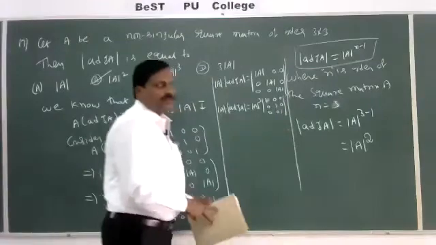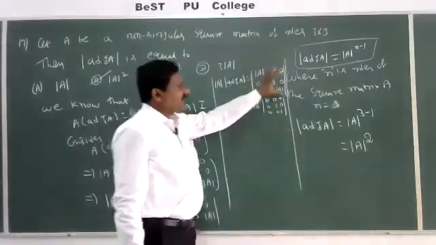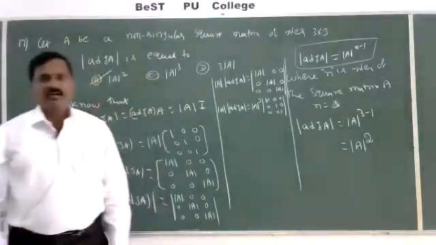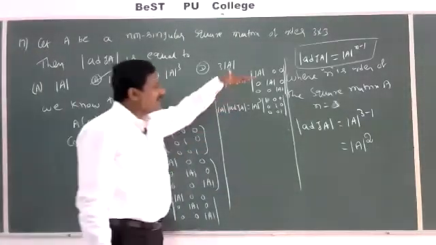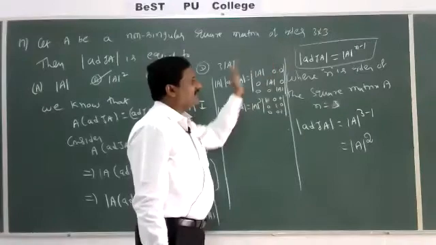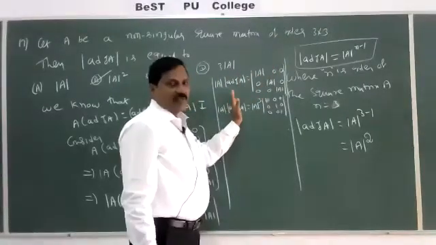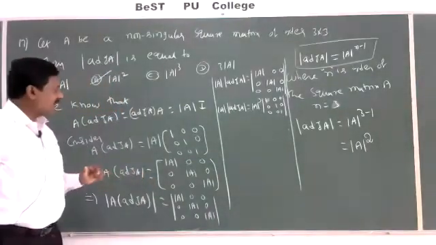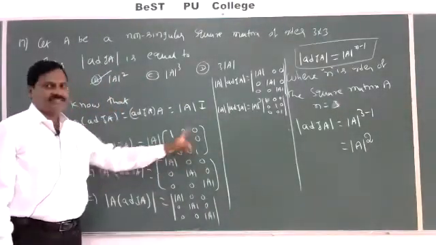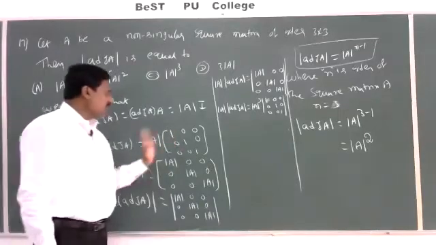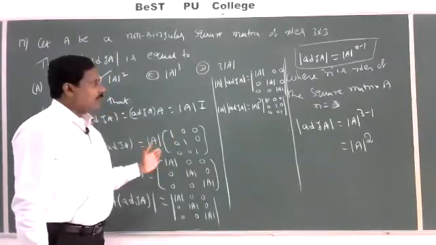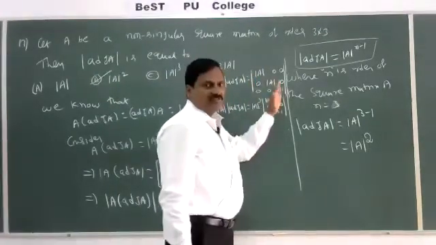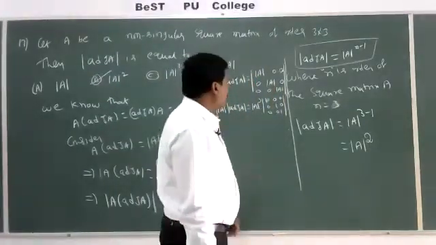Once again I am repeating this. In the determinant, if any row or any column contains a common element, we can take that element outside as a common factor.